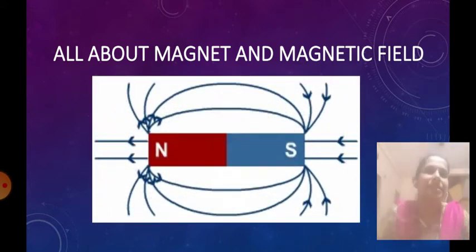There is a magnet, and you can see some lines around it. Correct? It is nothing but the magnetic field. You already studied that a magnet has two poles, north and south. Let us first know about a magnet, and then we will study what the magnetic field is.